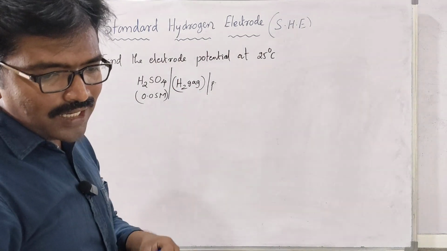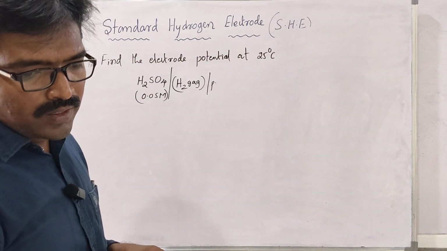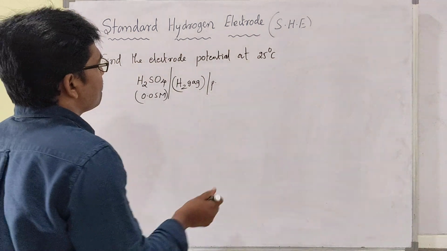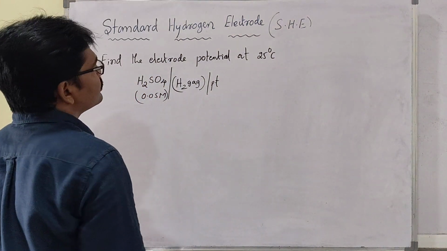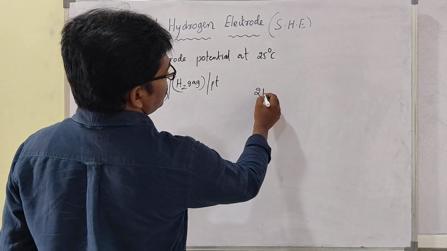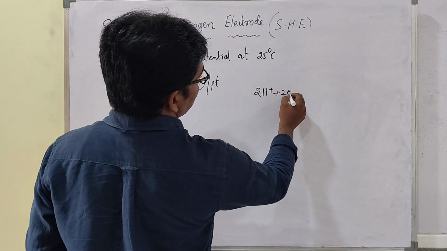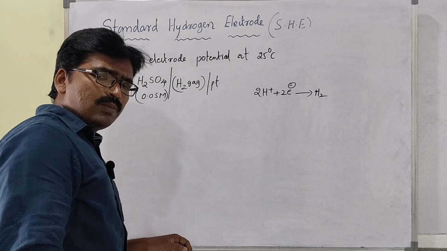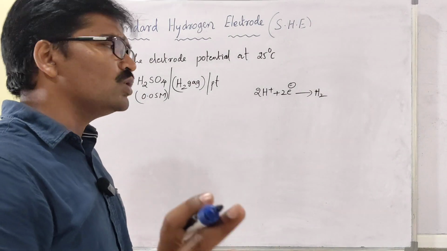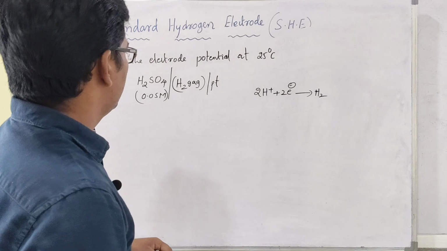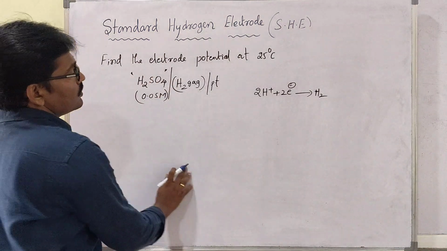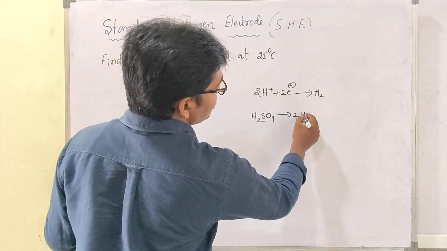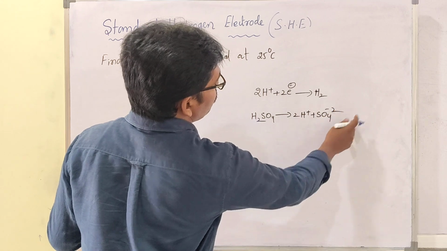In case you take that reaction, first the reduction: 2H plus plus 2 electrons is converted into H2. This is the reduction, right? Either the reduction potential value or the oxidation potential value you have to take as 0. Clear, right? Then H2SO4 is there. H2SO4 can be dissociated into 2H plus and SO4 2 minus.